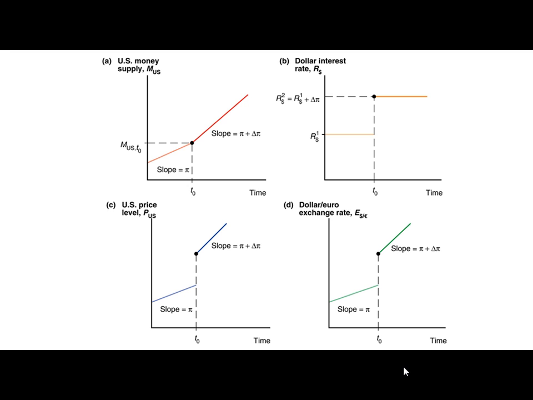So in this equation, the exchange rate between the dollar and the euro will equal the price level of the US divided by the price level of Europe. Therefore, as you can see here, that's a slope of pi plus delta pi. That's also the same slope there, so they all increase at the same proportion.